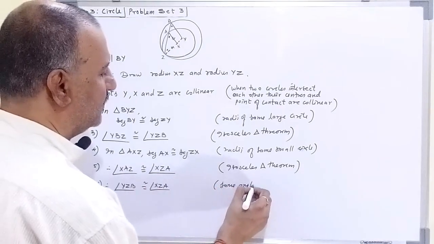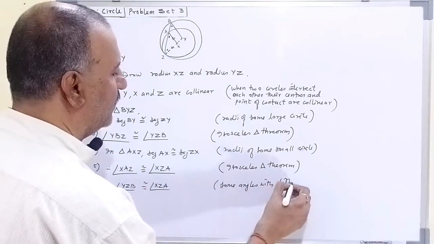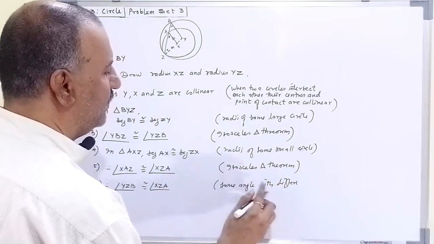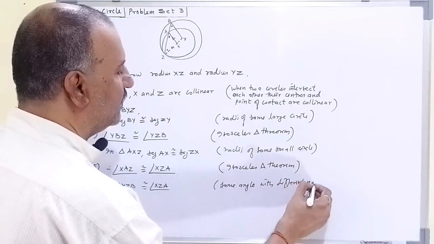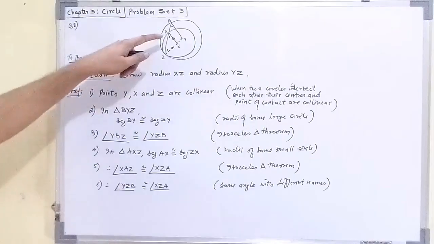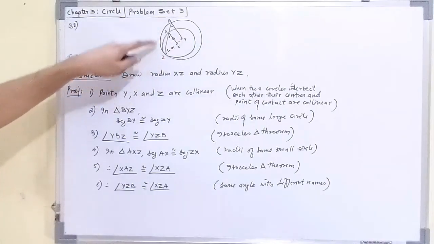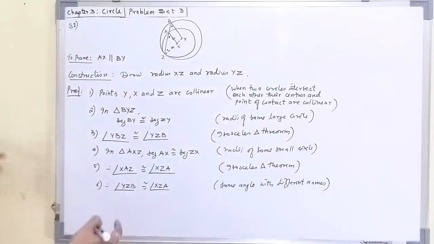Same angles with different names. ये दोनों सेम ही एंगल है, देखो YZB और XZA सेम ही एंगल है, बट नाम अलग है.